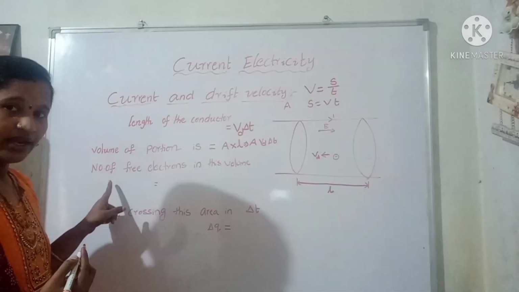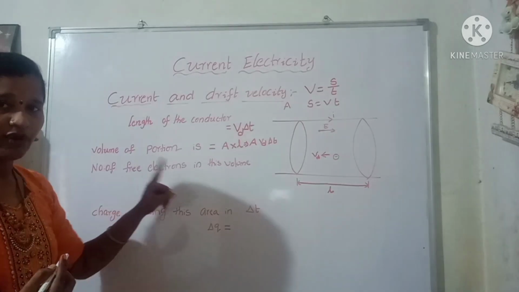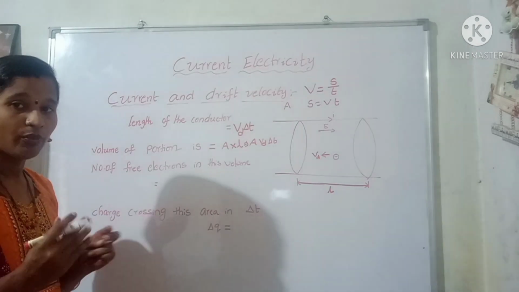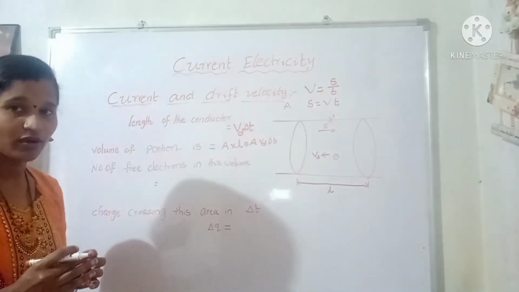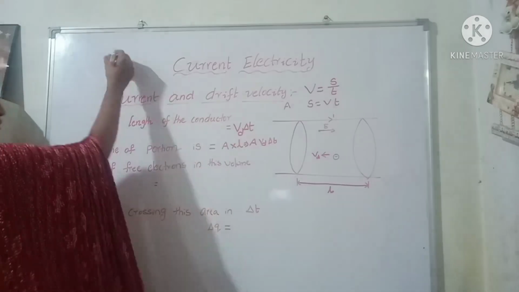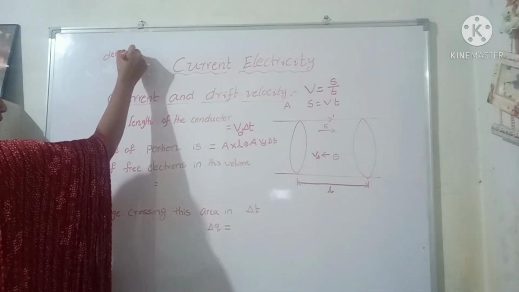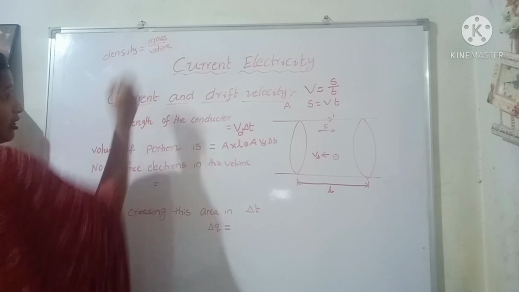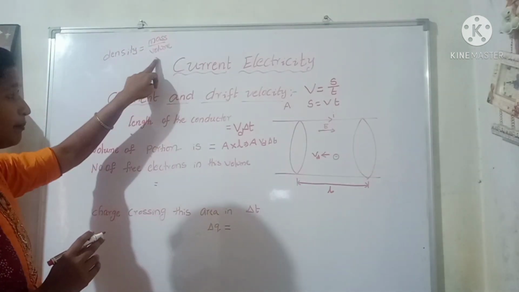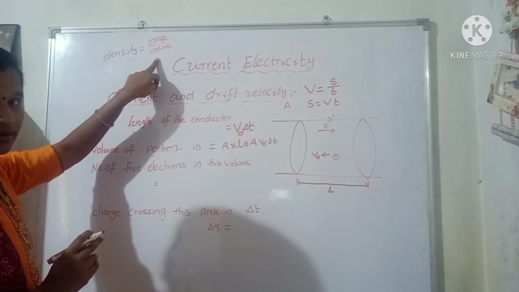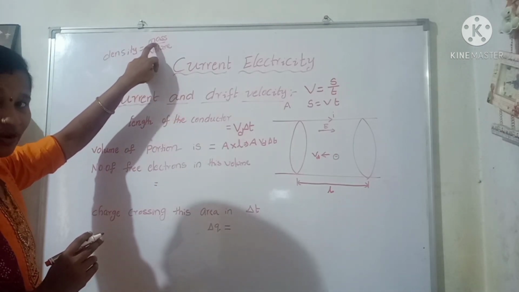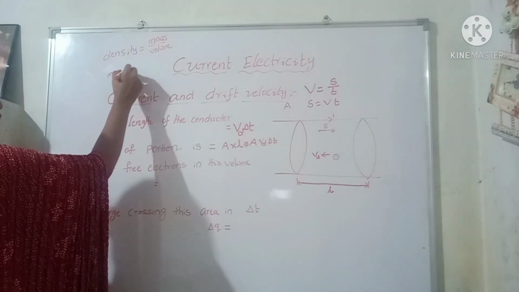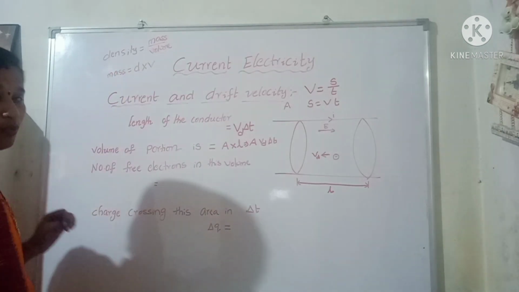Third, the number of free electrons in the volume. How many free electrons are there? How much matter is contained is generally called the mass. You know the formula for density: density equals mass by volume. We want the mass, so moving volume to the other side, mass equals density into volume.